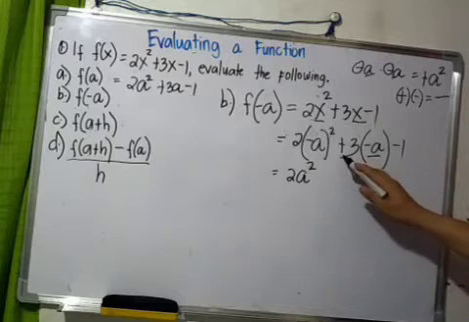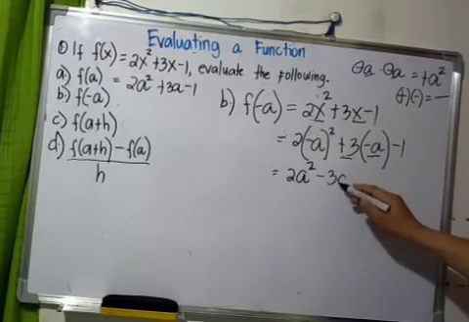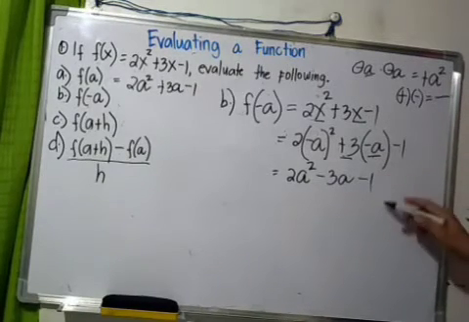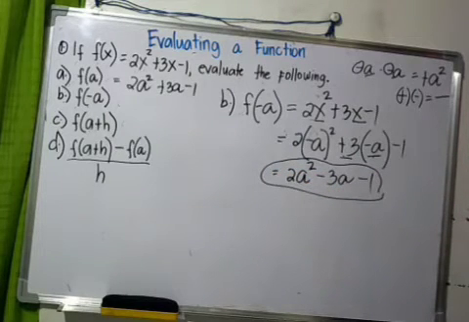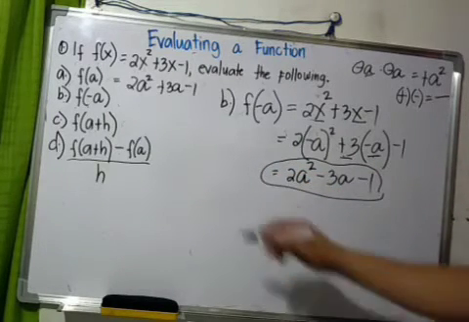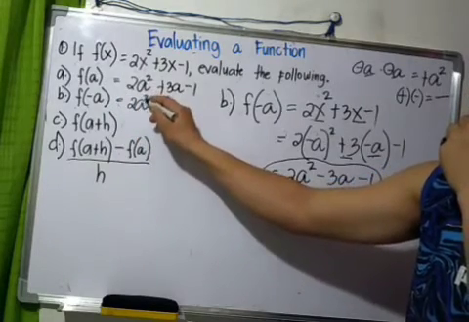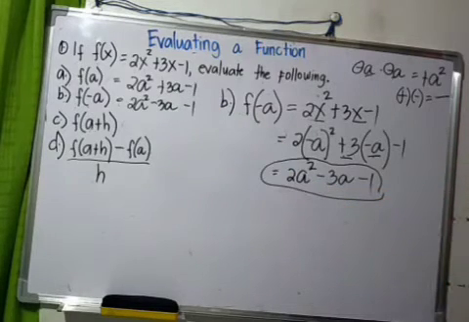So, 3 times negative a magiging negative 3a. Then, subtract 1. So, this is your final answer. Answer letter B, that is 2a squared minus 3a minus 1. That is the answer for letter B.